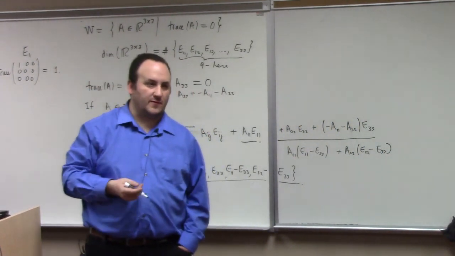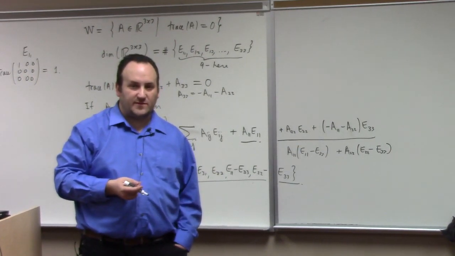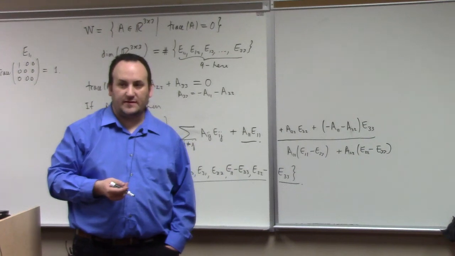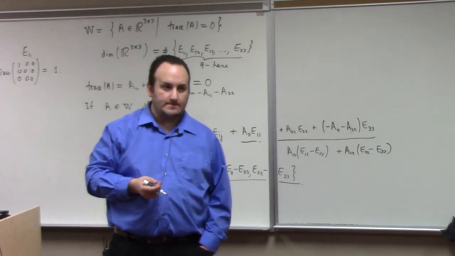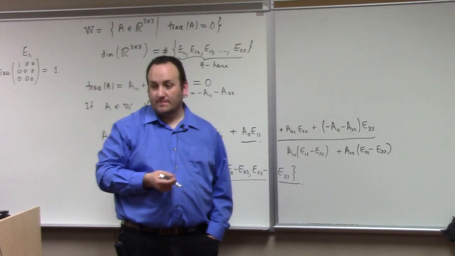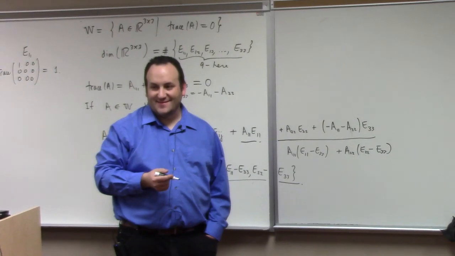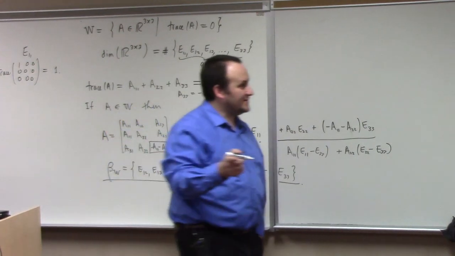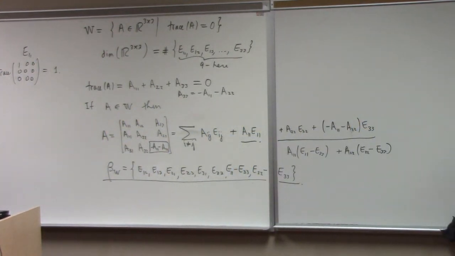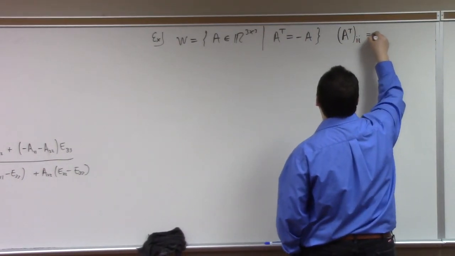I told you guys before, at some point, that if the matrix is equal to minus its transpose, it says something about the diagonal. What does it say about the diagonal of the matrix? They're what? What do you say? Own it. I said it's 0. Very good, yes. Because what does this mean? A transpose ii is equal to what?